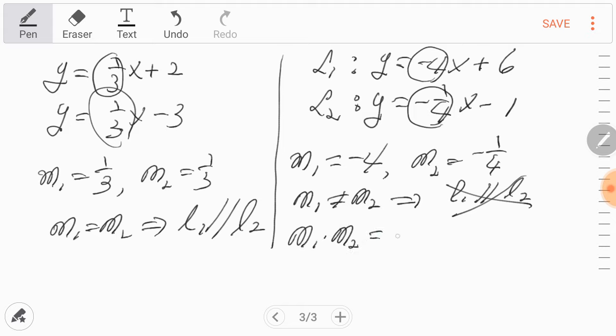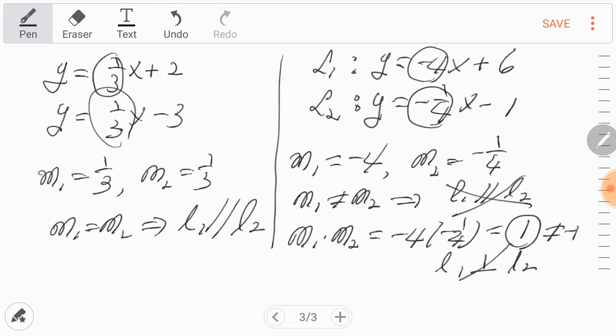Negative 4 times negative 1/4 is equal to positive 1. This is positive 1, not negative 1. So they are not perpendicular either. So line 1 and line 2 are neither parallel nor perpendicular.